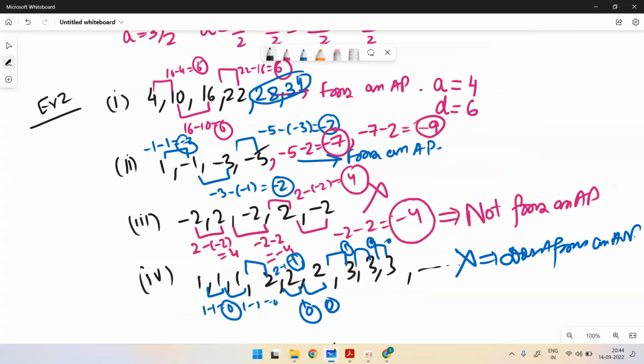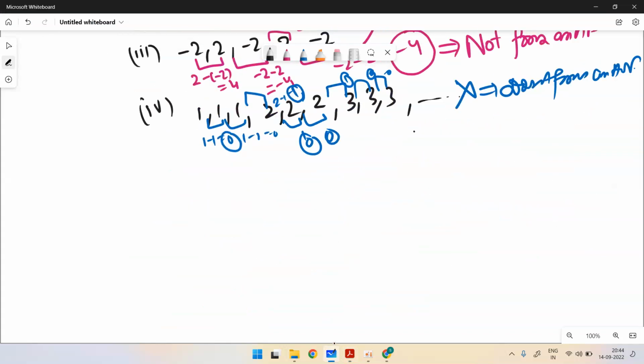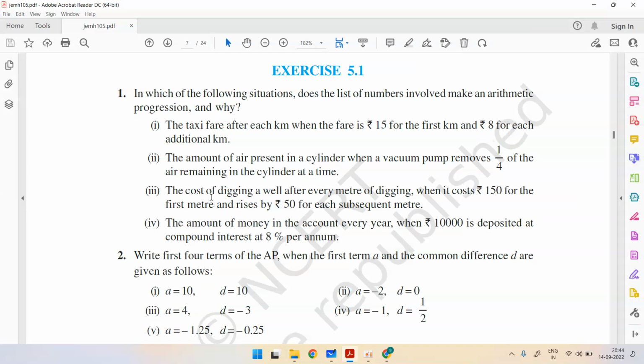Question number 1 says: in which of the following situations does the list of numbers involved make an arithmetic progression? A: a taxi fare after each kilometer when the fare is 15 for the first kilometer and 8 for each additional kilometer.